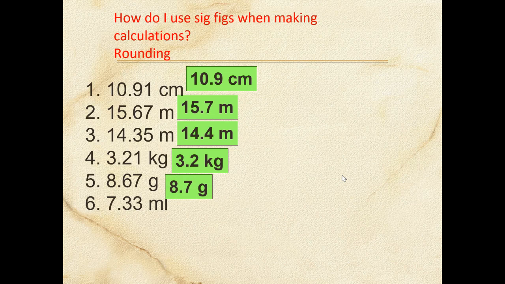And 7.33 is 7.3. So the rule is, if the number that you're using as the determination of rounding, in this case our final number at the end, is between 1 and 4, we round down, so the number remains the same. However, if it is between 5 and 9, the number rounds up, so this would have changed from a 6 to a 7.